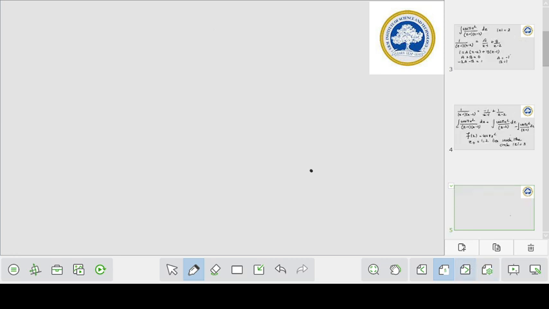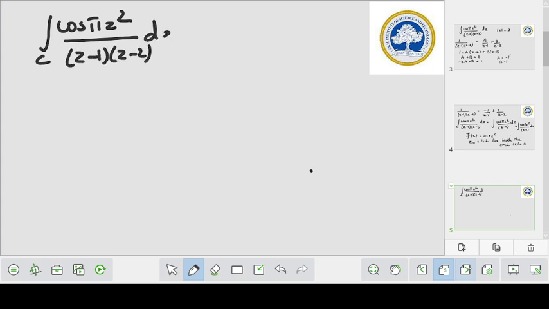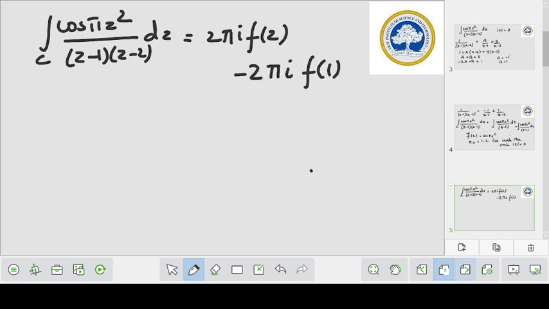So next, how will you apply the Cauchy integral formula? According to the formula, when you want to find the value, you have to bring that 2 pi i to that side. So when I do that, it is 2 pi i into f of 2 minus 2 pi i into f of 1. Already you know that f of z is cos pi z squared.